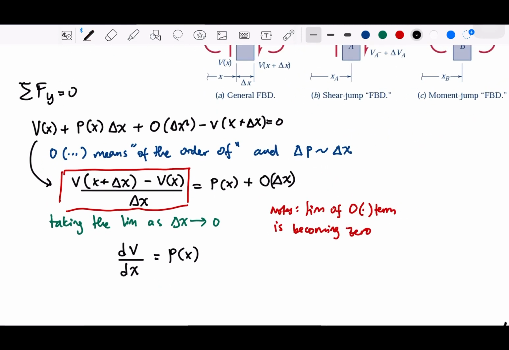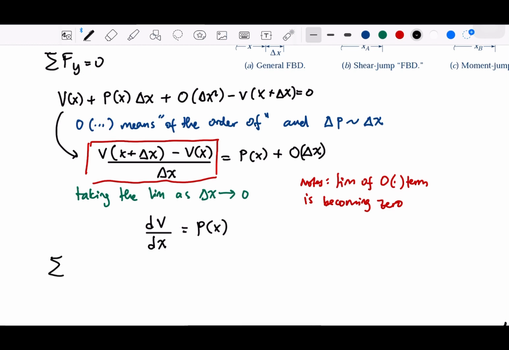Okay, same way, we take the sigma moment at C, that is going to be equal to 0.